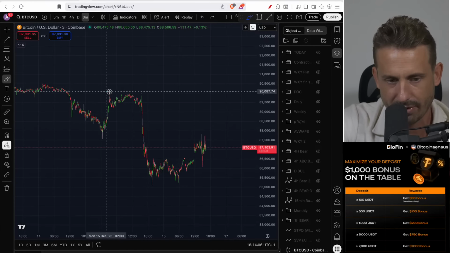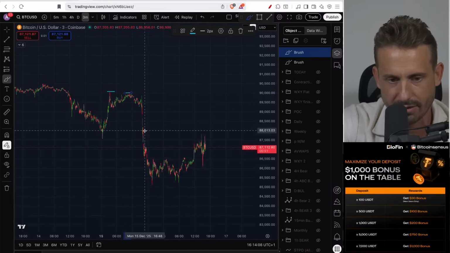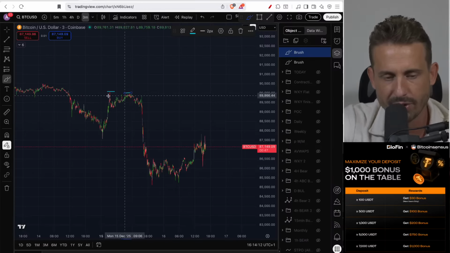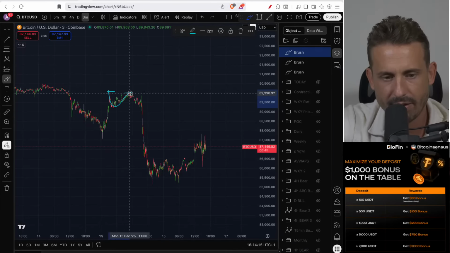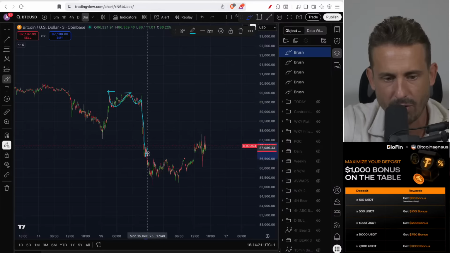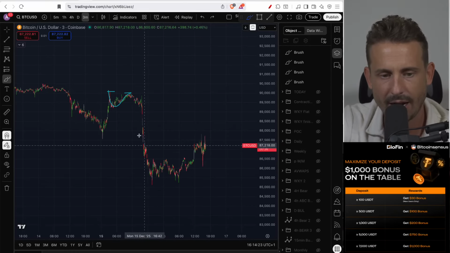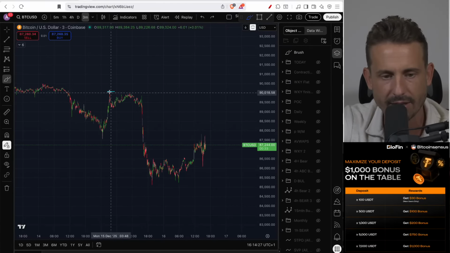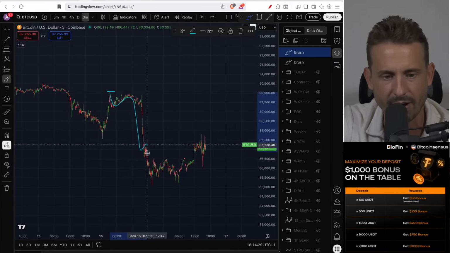The fact that we have a lower high right over here at 90k here, this was on Monday. The fact that we have a lower high, and then you have this 1, 2, 3, a small little 4, and then a 5. I would not label this as your wave 4, as a 1, 2, 3, 4, and 5, right?